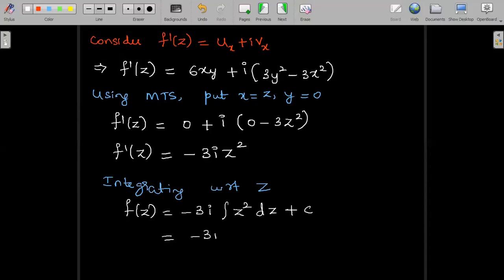So this is minus 3I into z cube divided by 3 plus the constant of integration c. So this 3 gets cancelled. So minus I into z cube plus c. So this is the required answer for f of z. So f of z is minus I into z cube plus the constant of integration c for us. So this is how, given u minus v, the analytic function f of z can be obtained.